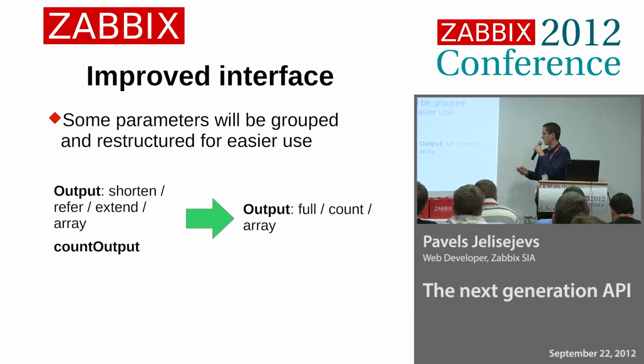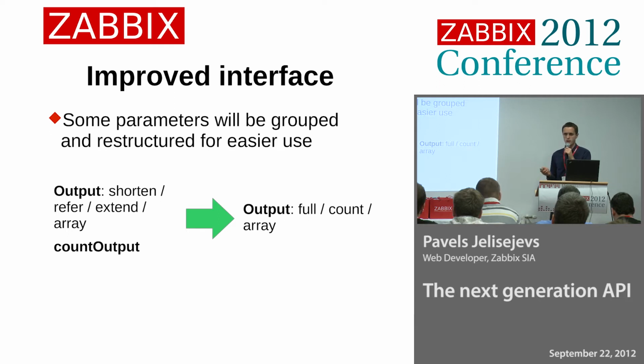They can be all refactored into a single simple parameter that will return either all of the data, or the number of the results, or an array of fields that you requested. That's it. No confusing values, no multiple parameters. A similar approach can be used for other methods and parameters to make the API simpler, easier to use, and also leave much less room for errors.